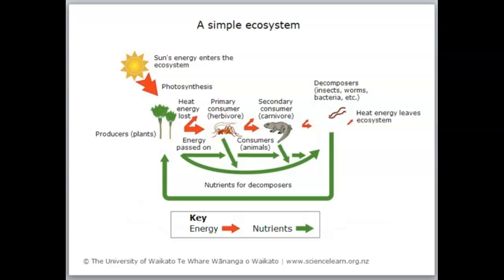The primary consumer in this regard is the herbivore, and then these primary consumers are eaten by the carnivore, which are the secondary consumers. And as the cycle continues, we have decomposers in the form of insects, worms, bacteria, etc., that also benefit from the ecosystem's process. And that's a typical example of ecosystems in terms of their cyclical activities.